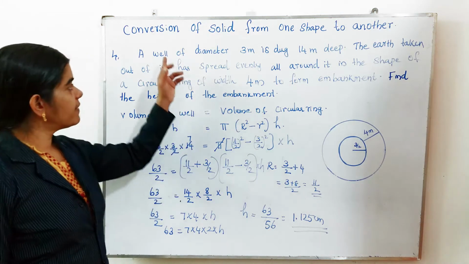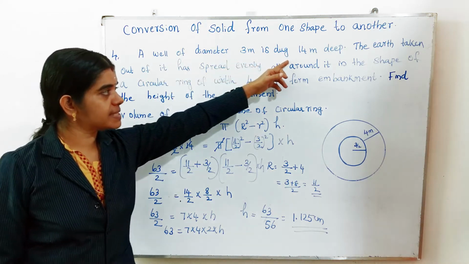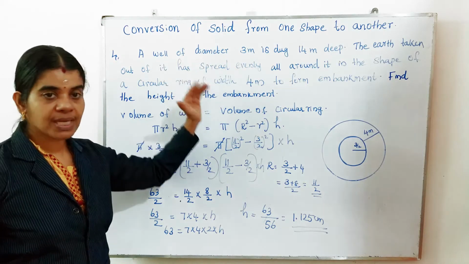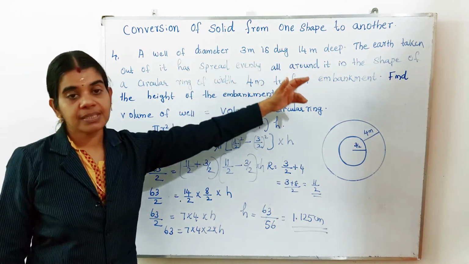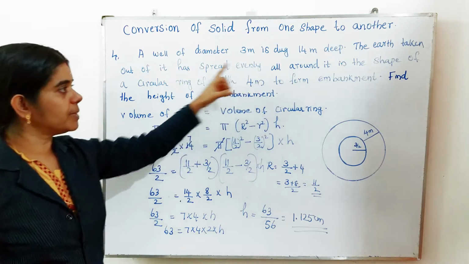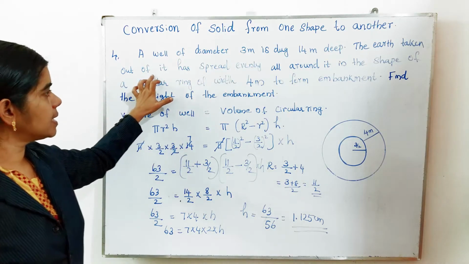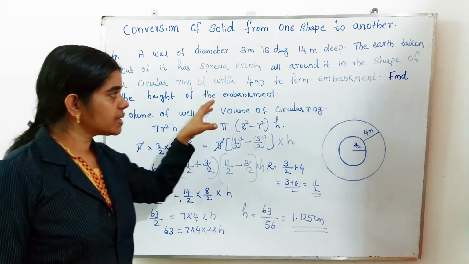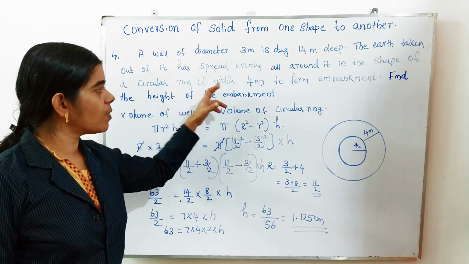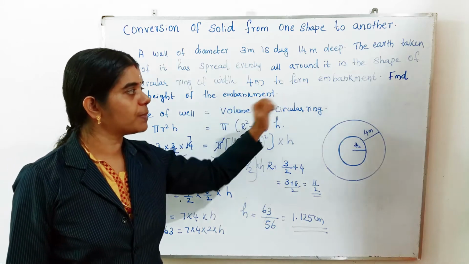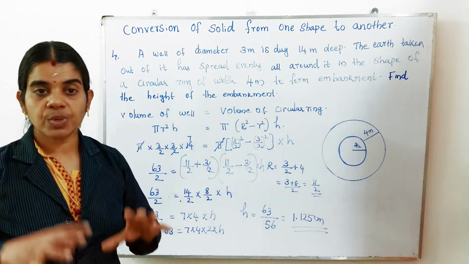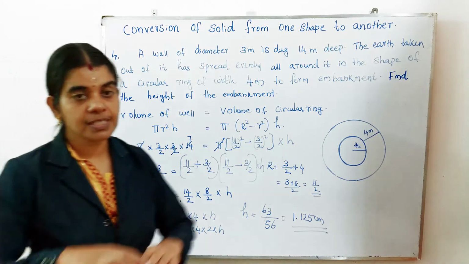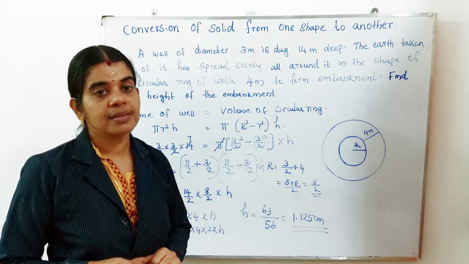Next question. A well of diameter 3 meter is dug 14 meter deep. Its diameter is given as 3 meter and the depth, or h, is given as 14 meter. The earth taken out of it has been spread evenly all around it in the shape of a circular ring of width 4 meter to form an embankment. That means one well is there, and after taking that earth, it is spread around the well.